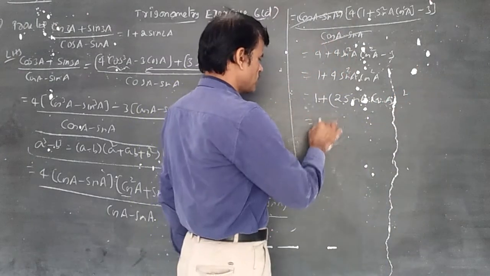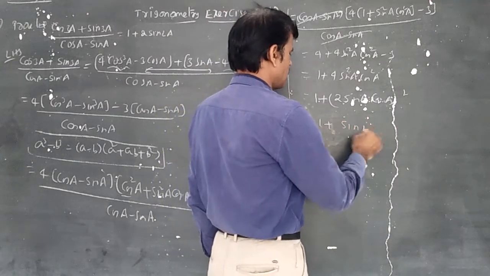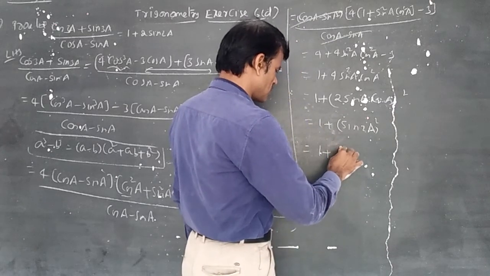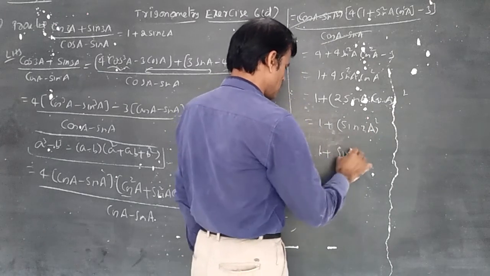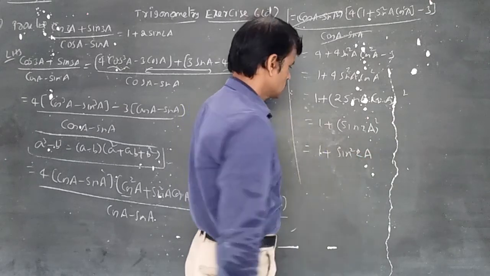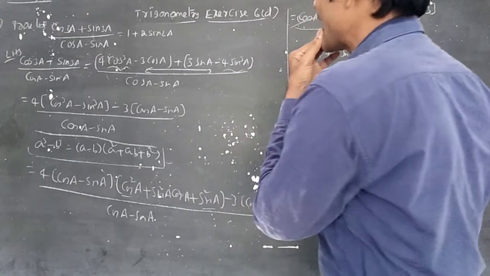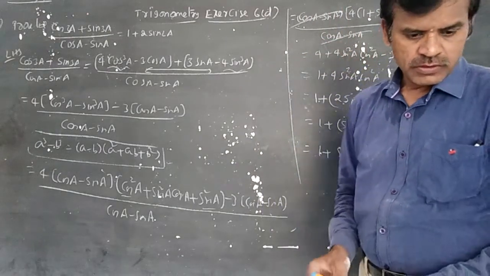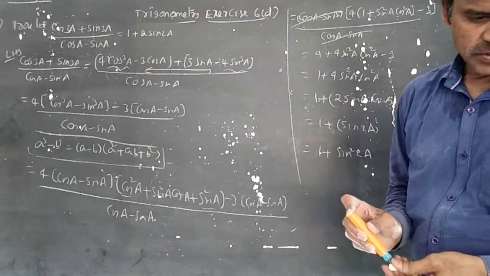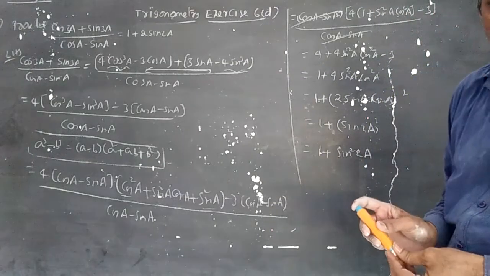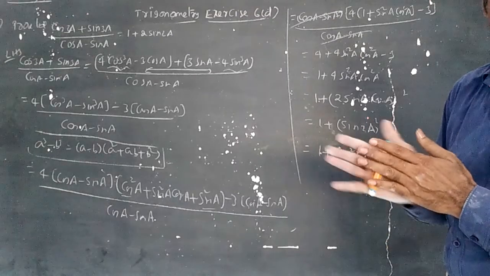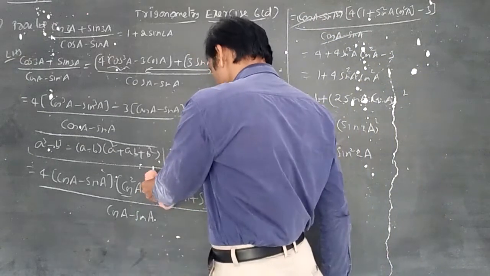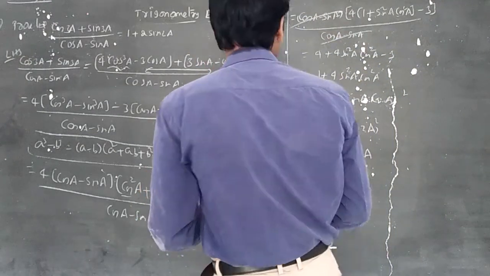Students, here I made a mistake. It is not square, simply sin a cos a.